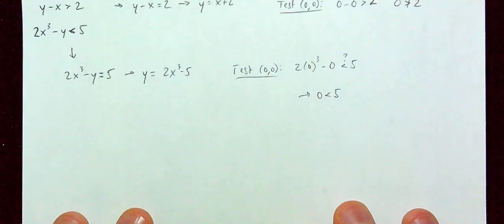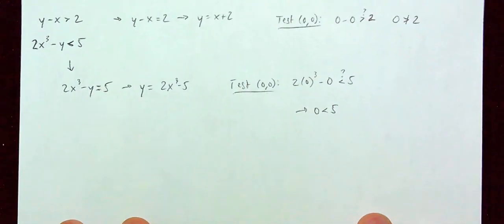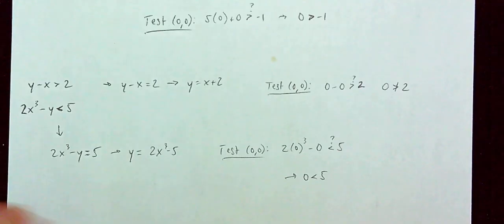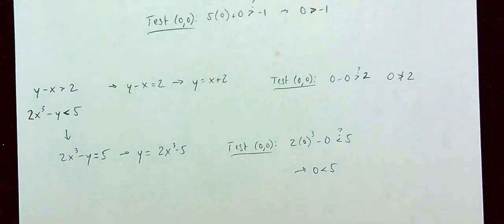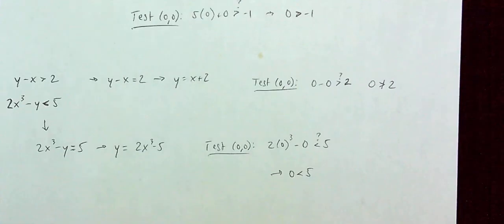Okay, guys, so let's see if you came up with the correct answers. First thing you wanted to do is take each of these two inequalities and solve the corresponding equation.